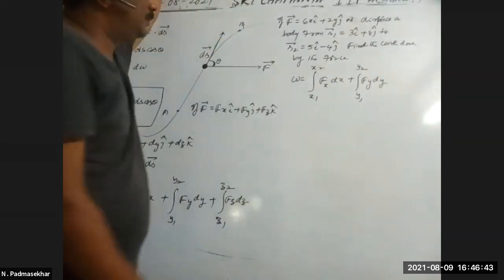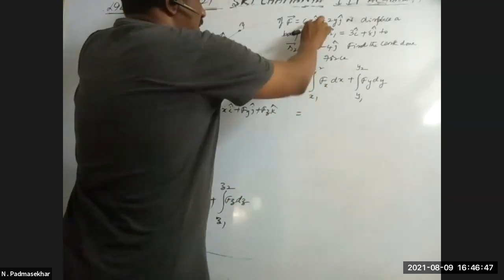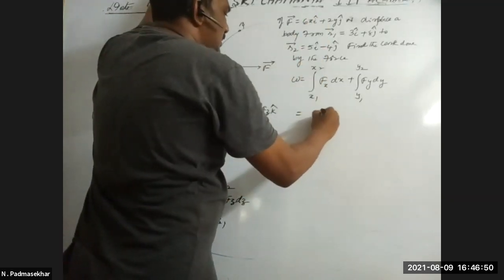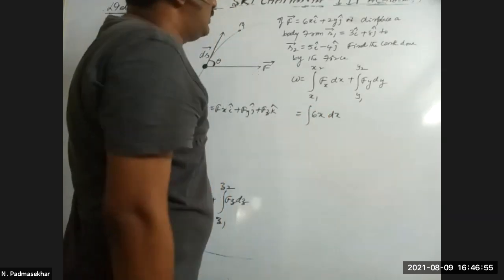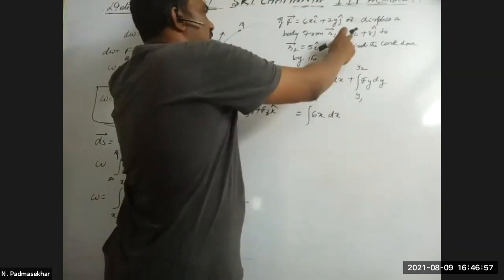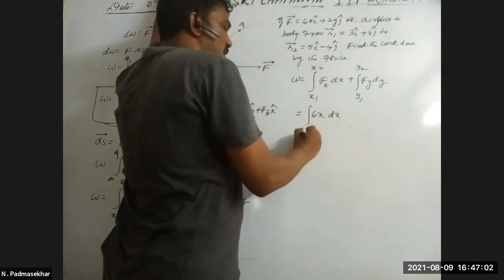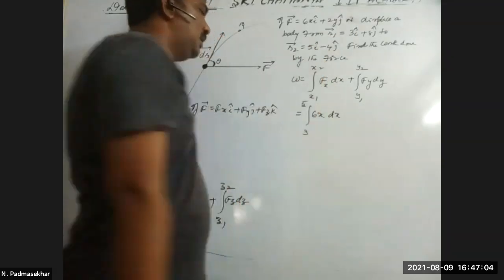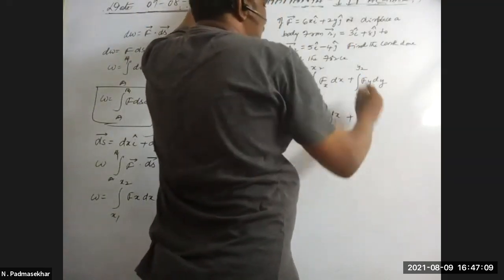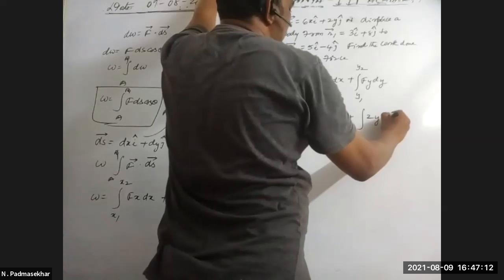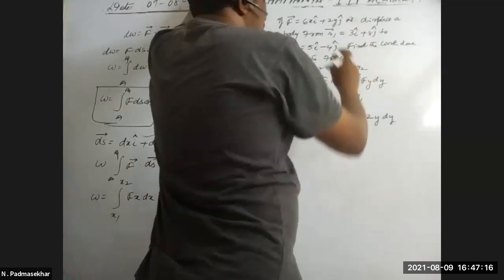Only x and y are there. So fx is 6x, the integral of 6x dx from x1 to x2, that is 3 to 5, plus the integral of 2y dy from y1 to y2, that is 8 to minus 4.